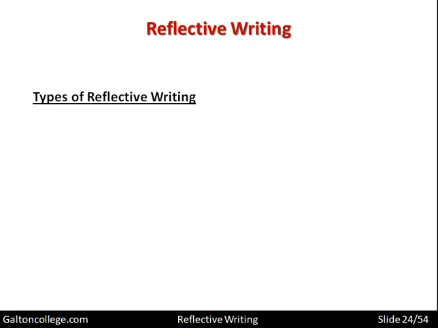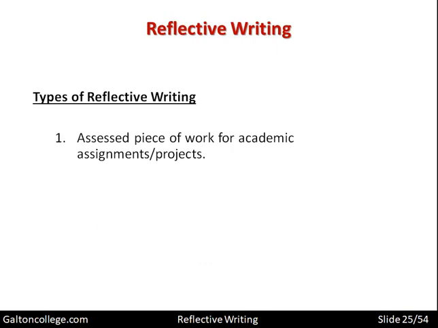Now, the types of reflective writing. Well, an assessed piece of work for academic assignments or projects, that's the usual way in which we encounter the need for reflective writing. In fact, it can apply to anything. It can apply to a piece of work for your work situation where you're working in an office and you're asked to produce a report.